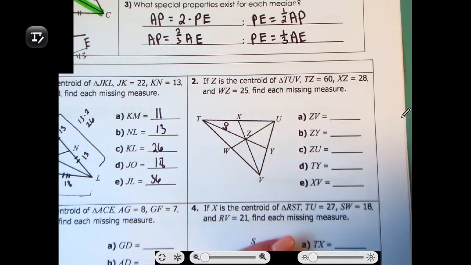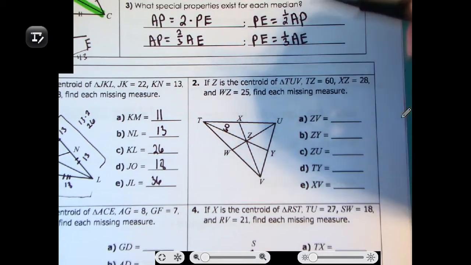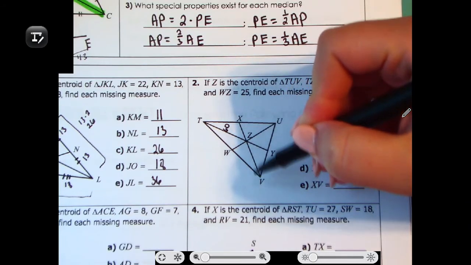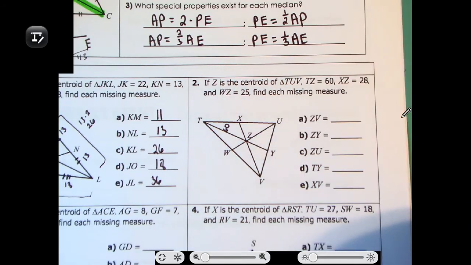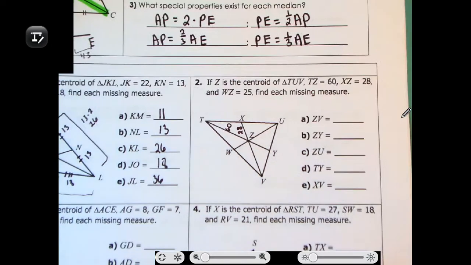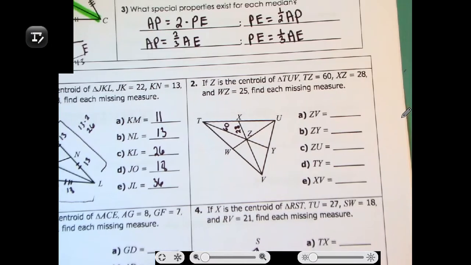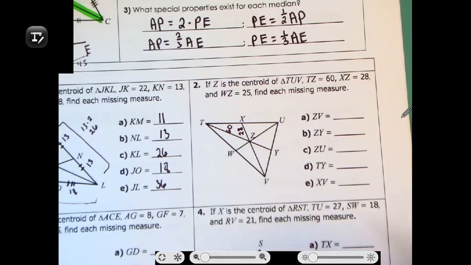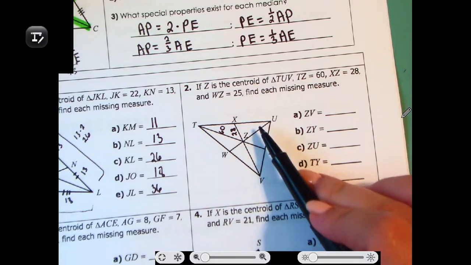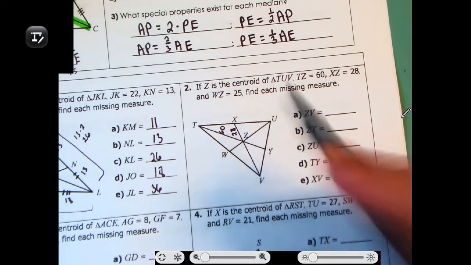And then what else? XZ. So the shorter part here of this median. So the shorter part of this median, XZ, is 28. And then WZ, so the shorter part of this median is 25.